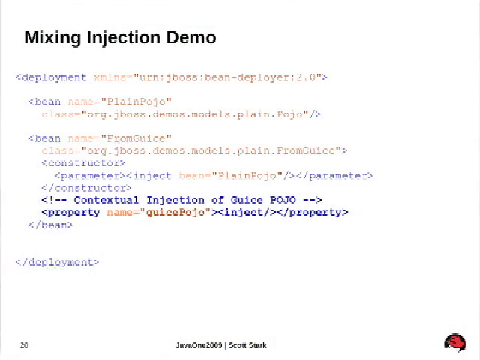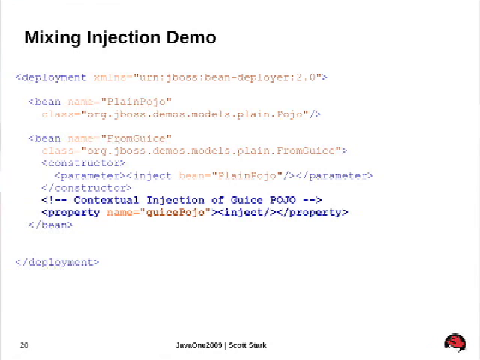So in terms of a demonstration of how do I actually combine these modules under an MC deployment, here we have an MC deployment fragment where I'm deploying an instance of that plain POJO. I'm deploying that from JUICE, which is going to be a user of both the MC POJO injection as well as JUICE injection. So in the first case, we're simply injecting the plain POJO right here that was defined here. And in this case, here I'm referencing a property that had as a type the JUICE POJO class.